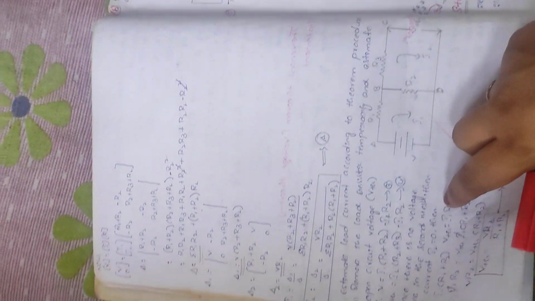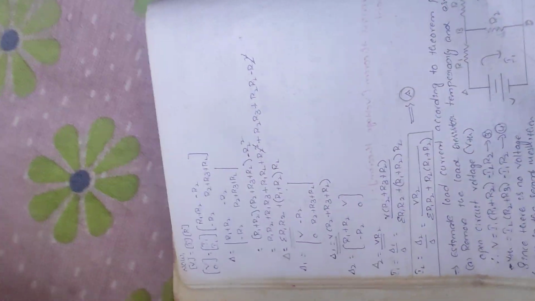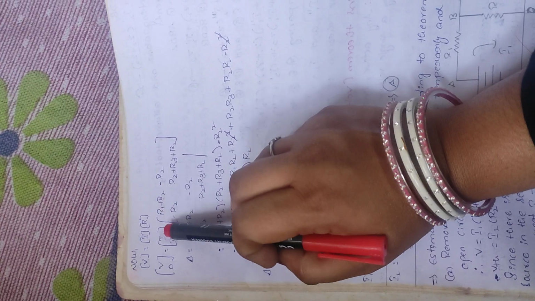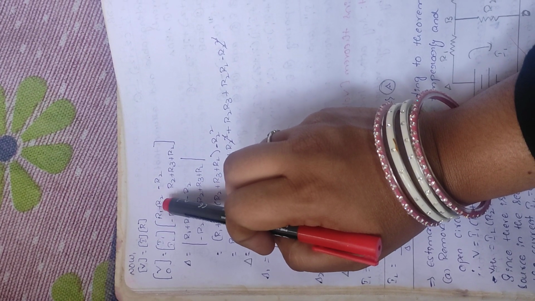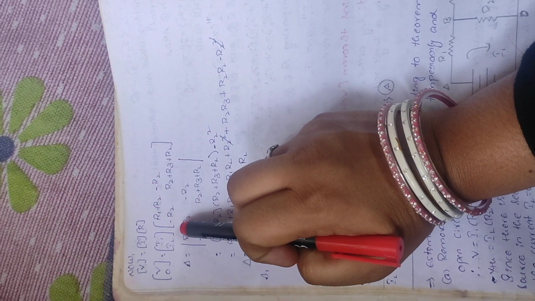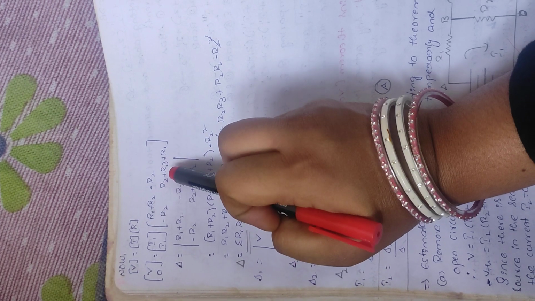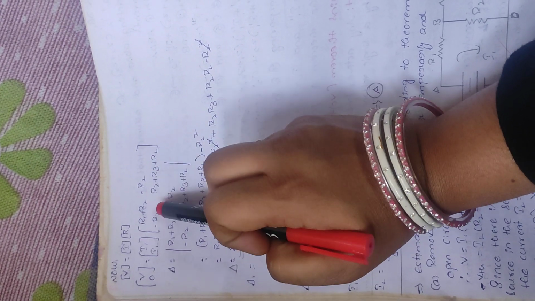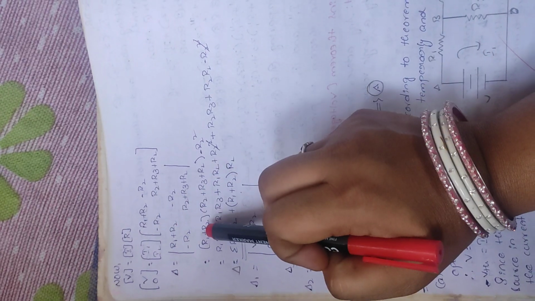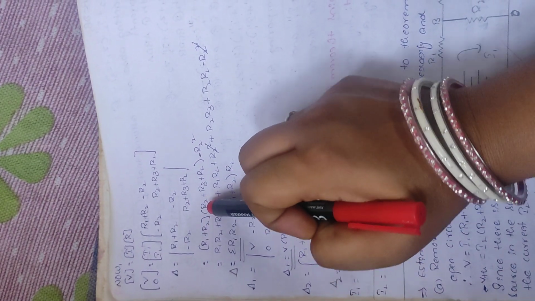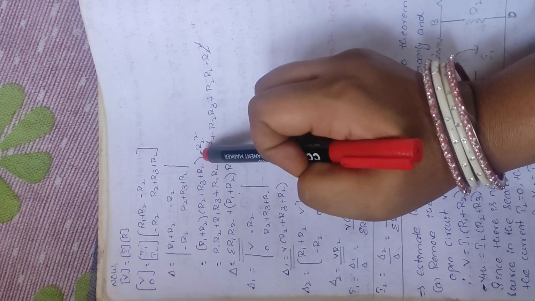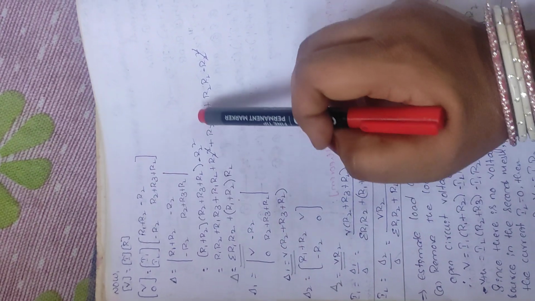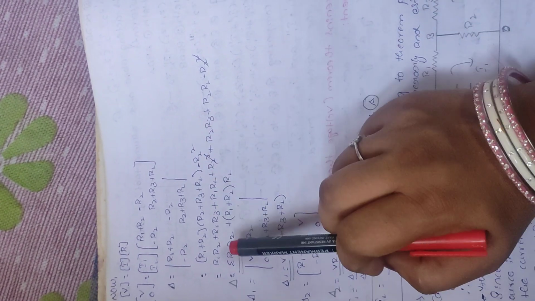Next, by applying Cramer's rule, we get the matrix with V, 0 on the right, I1 and IL unknowns, I1 coefficients R1 plus R2 and minus R2, IL coefficients minus R2 and R2 plus R3 plus RL. From this we know that delta is equal to AD minus BC, that is (R1 plus R2) into (R2 plus R3 plus RL) minus R2 square. Here minus into minus is plus, so that is R2 square.